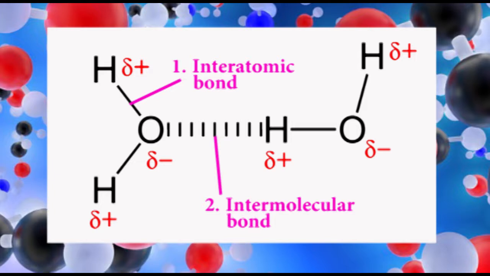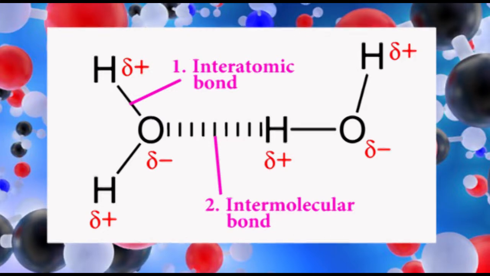And so the interatomic bond is a strong bond that exists between the atoms of substances. Again, the interatomic bond is a bond that exists between the atoms of what? Of substances. And the intermolecular bonds are bonds that exist between the molecules of substances, and generally they are weaker.